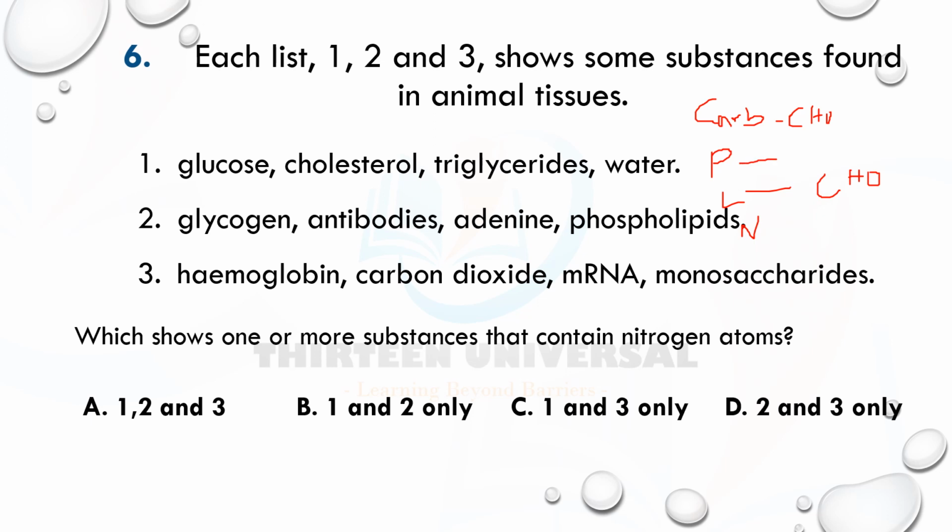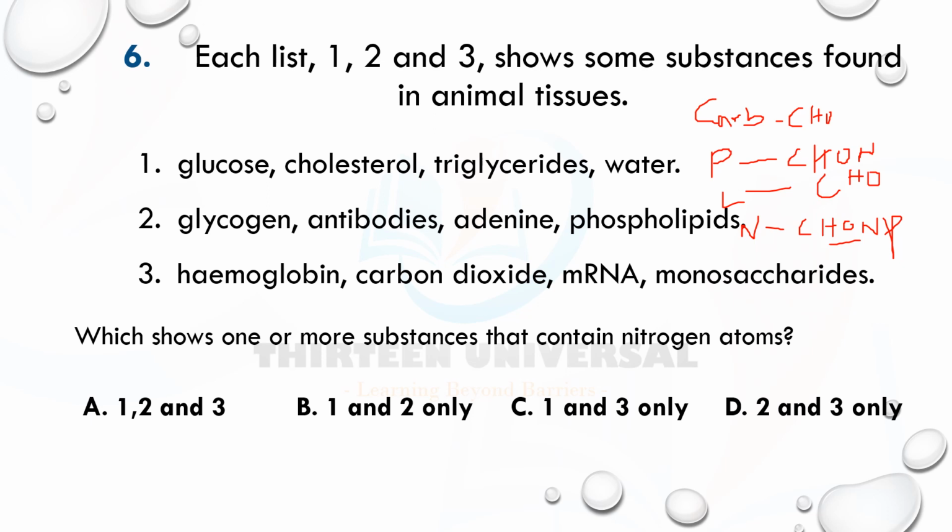Lipids are the same, CHO. Protein is CHON: carbon, hydrogen, oxygen, and nitrogen. Nucleic acid contains carbon, hydrogen, oxygen, nitrogen, and P. So that's CHONP.